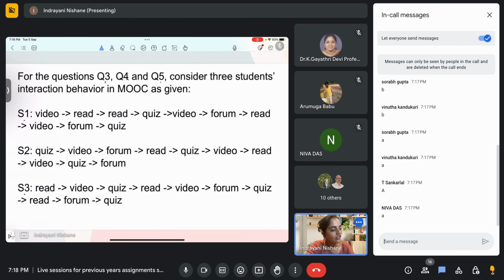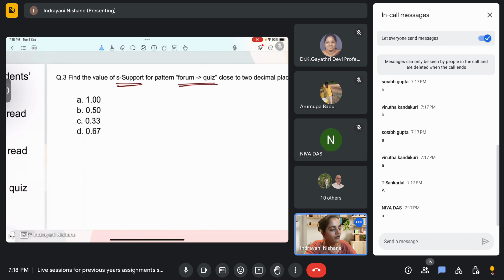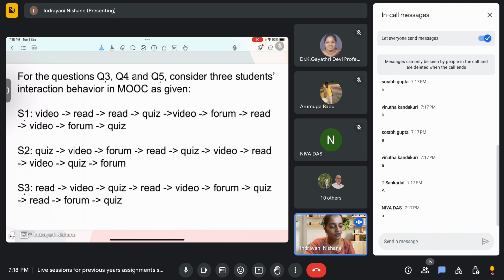Now we will check question 3. Question 3 asks: find the value of S support for the pattern forum to quiz, to 2 decimal points. So we will count the frequency of forum to quiz.